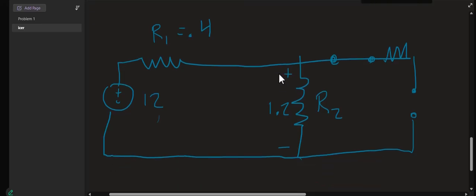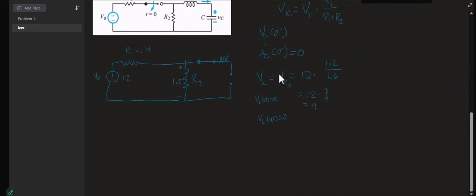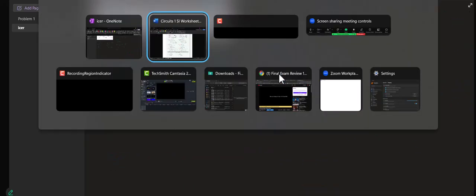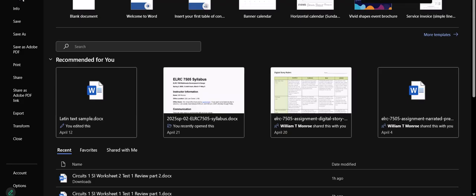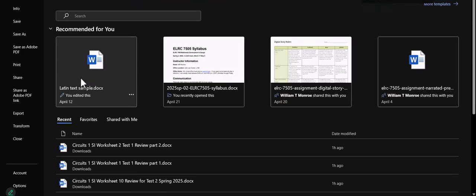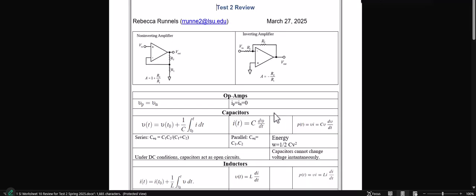Okay, so what you have to do for that is go back to here, where you see that I of t equals C dV dt. So you find V of t the way we just did.